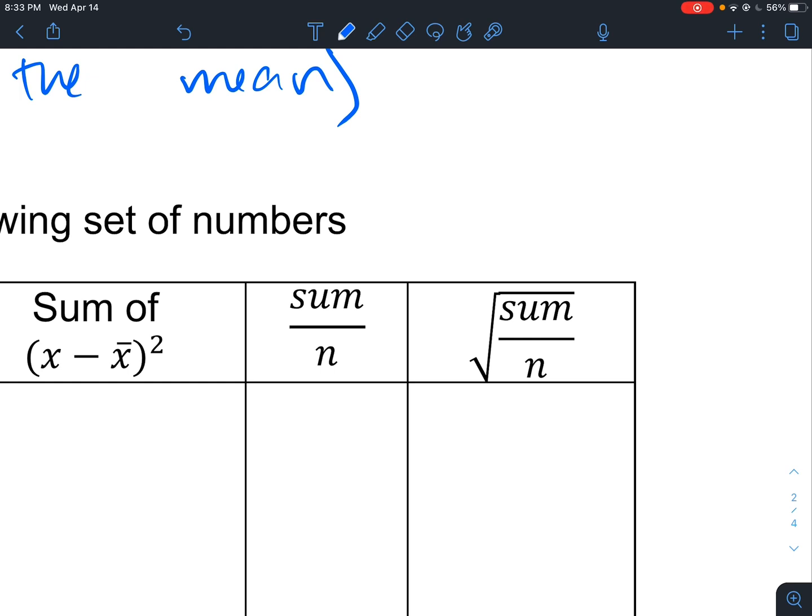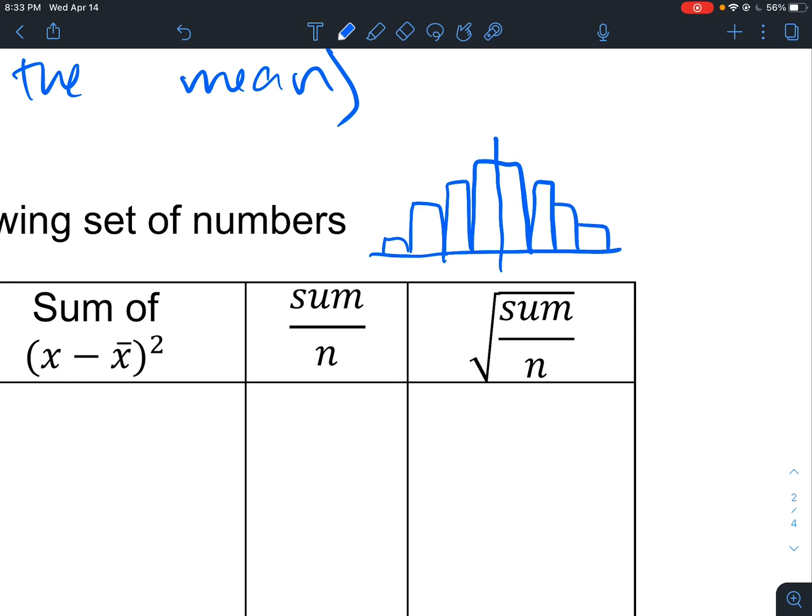Let's say we had a bar graph or a histogram that looked like this, that was symmetrical. If our histogram looks like this, it's best to use the standard deviation, which tells us how far the data is away from the mean, or the average.